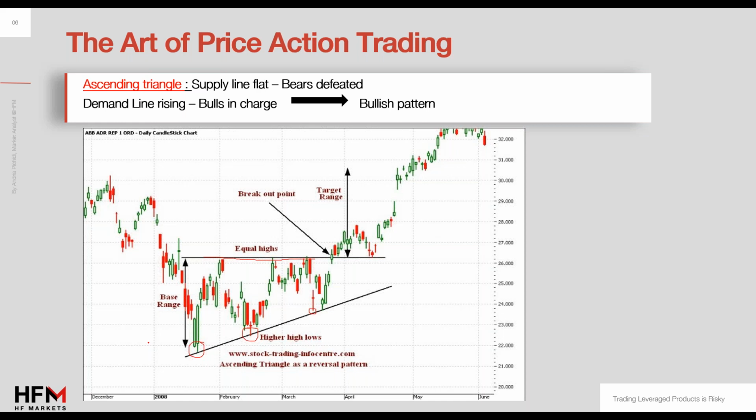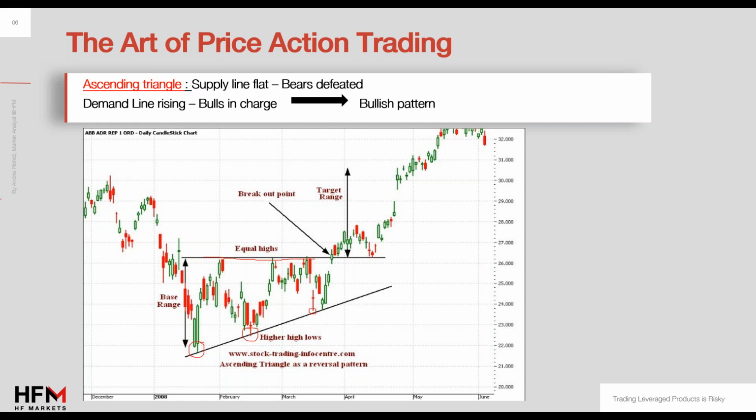So in an ascending triangle pattern, you can still have support and resistance levels. You can identify any potential breakout. You can still gain information in regards to what the price action indicates.